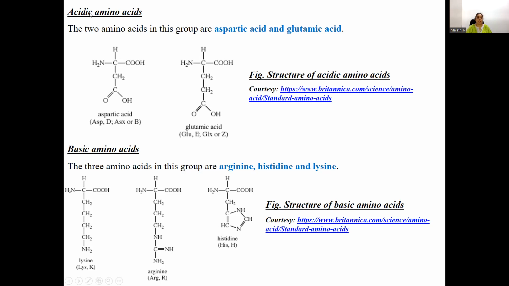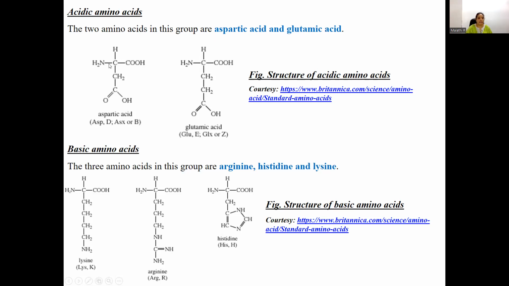Apart from that, acidic amino acids have one more acid group, which is why we call them acidic amino acids. The two acidic amino acids are aspartic acid and glutamic acid. At least remember the names of these acidic amino acids.